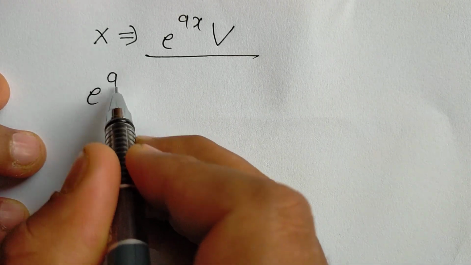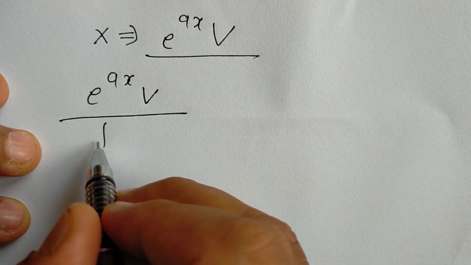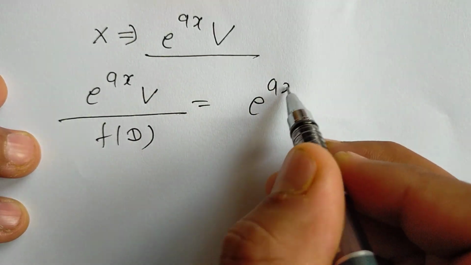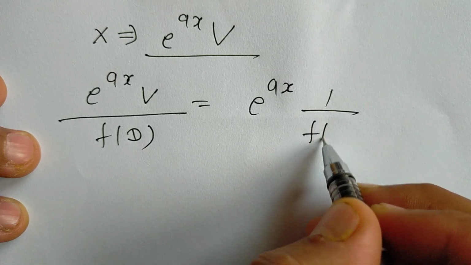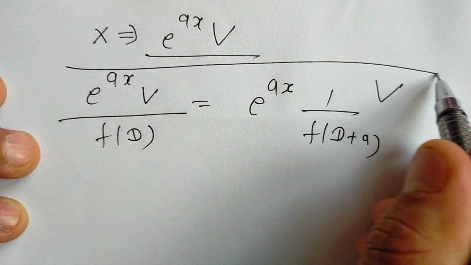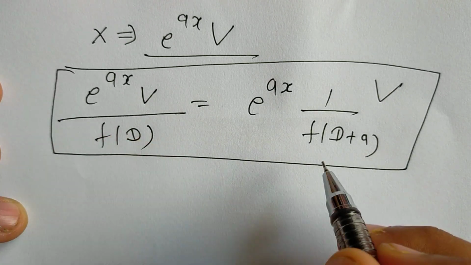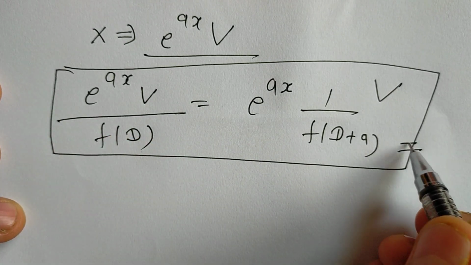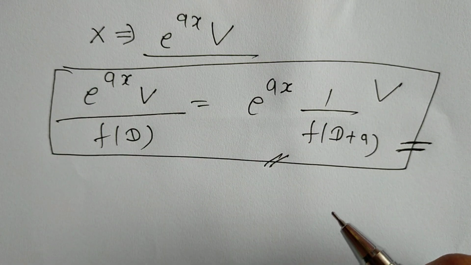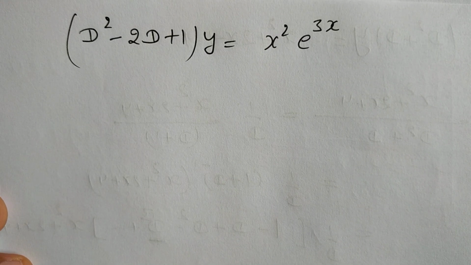The particular integral will be e power ax times 1 upon f of D plus a, acting on v. So this is the particular integral. Let us see one example based on this special case. So this is the given problem.